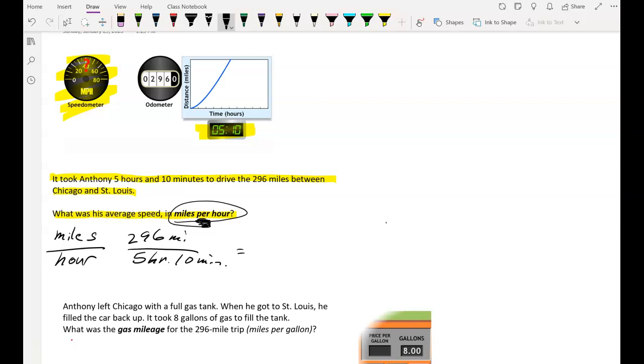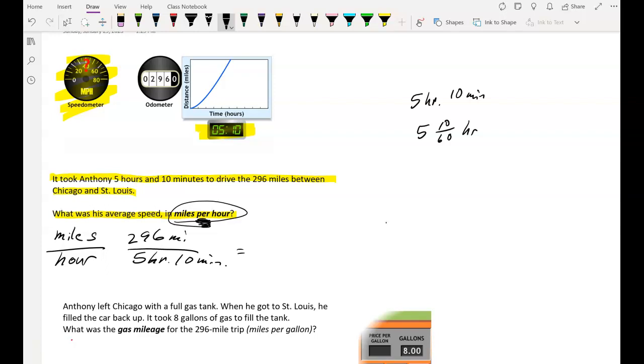So, really quickly, we're going to convert 5 hours and 10 minutes into just hours. Well, there are 60 minutes in an hour, so that would be 5 and 10/60 hours.